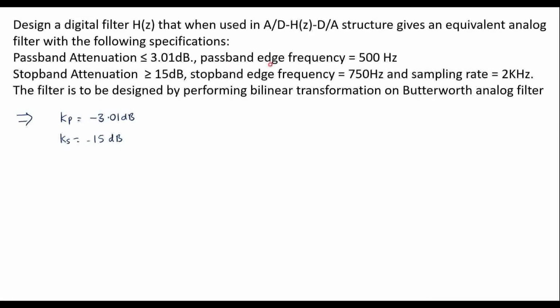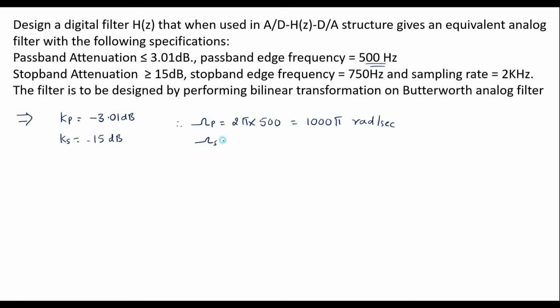And here passband edge frequency as well as stopband edge frequency are given in Hertz. We are supposed to write passband edge frequency and stopband edge frequency in radians per second. Therefore, let me calculate passband edge frequency in radians per second, that is omega p is equal to 2 pi into 500 Hertz, which gives 1000 pi radians per second.